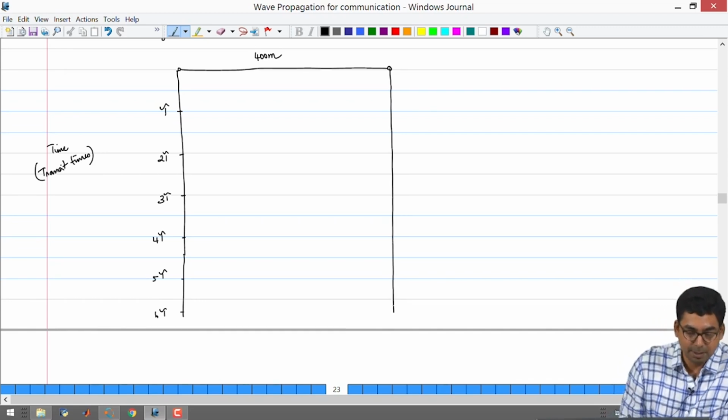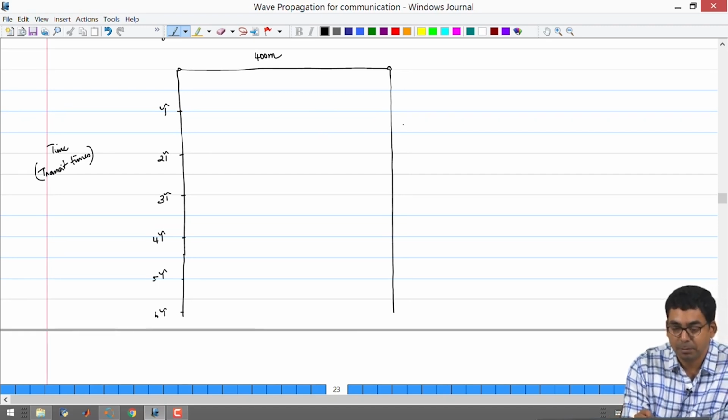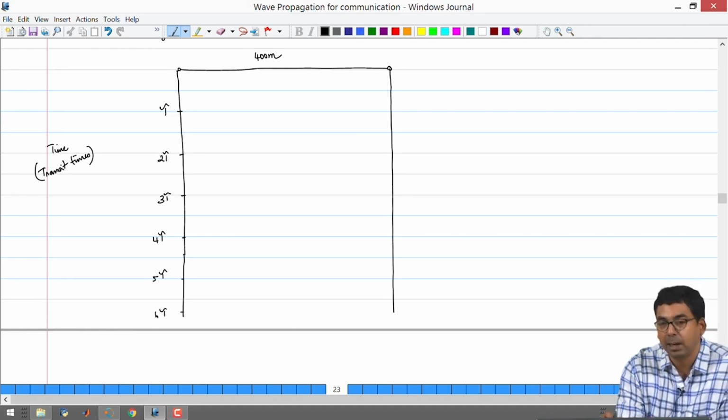The way we do this is we just make arrow plots going from one side to the other side. In one transit time, the voltage on the left hand side, here you are going to be launching some 30 volts, will reach the other side of the transmission line.